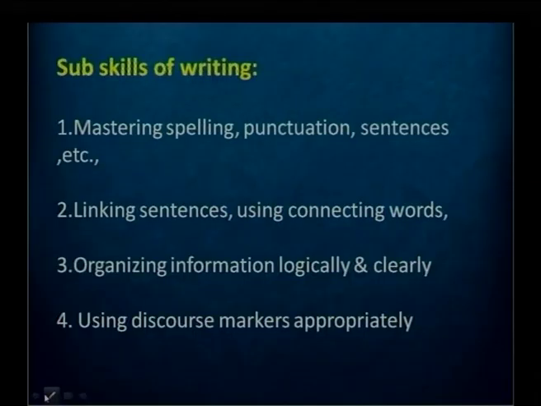The next one is organizing information logically and clearly. Whatever information you want to incorporate in the text or in the form of sentences should be logical and very clear, then only the reader will understand your concept or theme.